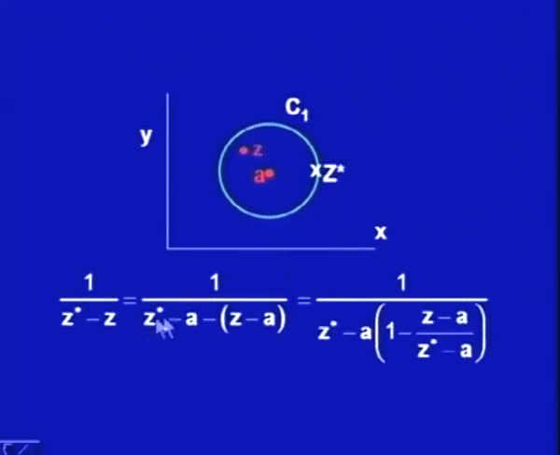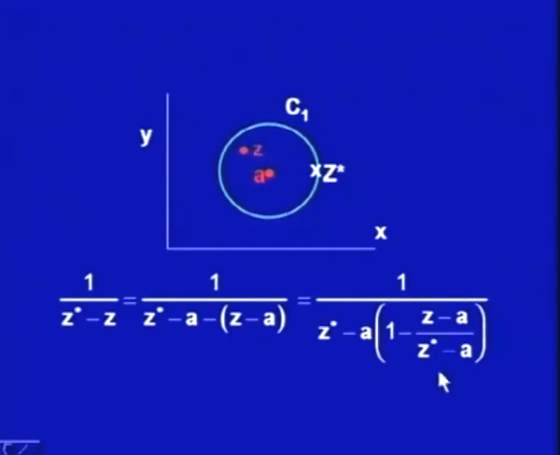Then 1 upon z* minus z is equal to 1 upon (z* minus a) minus (z minus a). So I have added and subtracted a here, and from this I can write 1 upon z* minus a into 1 minus (z minus a) divided by (z* minus a). So what I am doing is taking z* minus a outside this parenthesis.